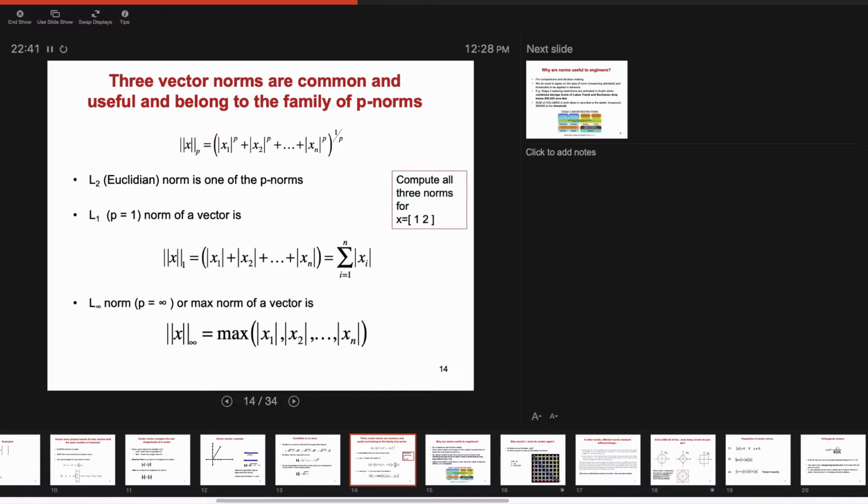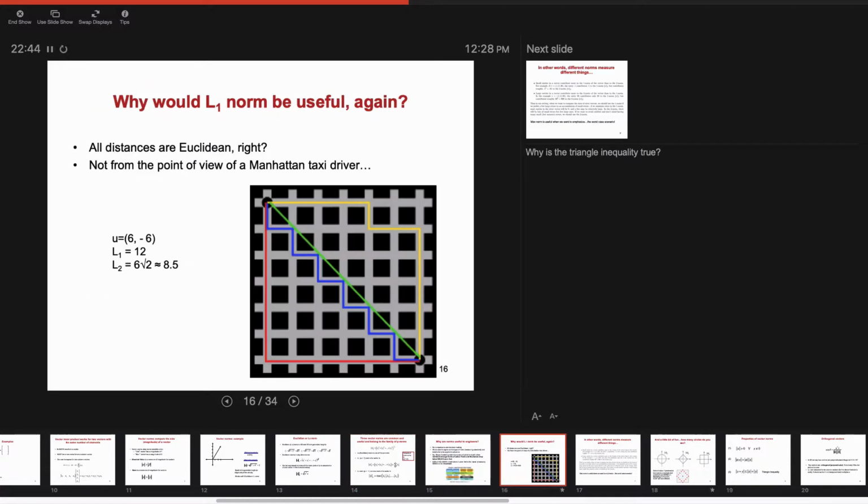So let me actually show you that example here. Let's say that I am on a true regular grid. The distance from this point to over there, on these well-connected streets, I can take this distance plus this, which is essentially the absolute value of my first coordinate plus the absolute value of my second coordinate, right?